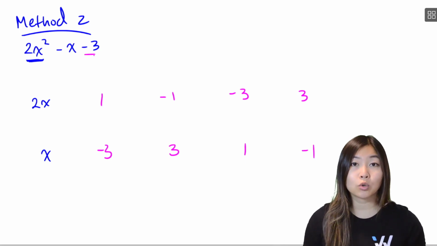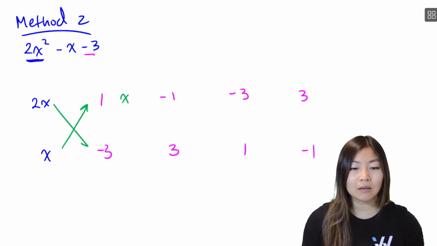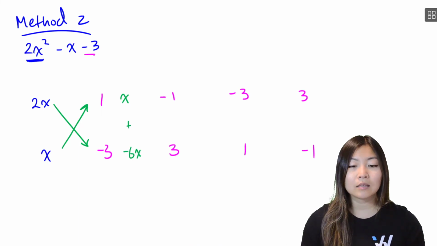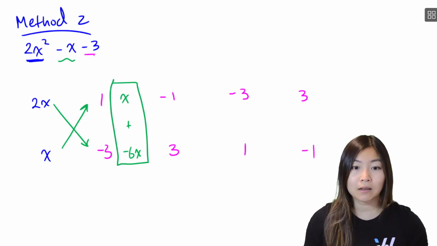Now we need to do a crisscross product. So x times 1, that is 1x. 2x times negative 3, that's negative 6x. Then you ask yourself, does x plus negative 6x give you the middle term, which is negative x? Well, it doesn't. X plus negative 6x is not negative x, so this doesn't work.